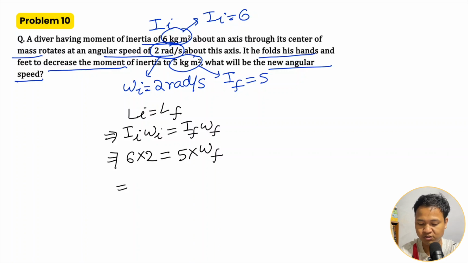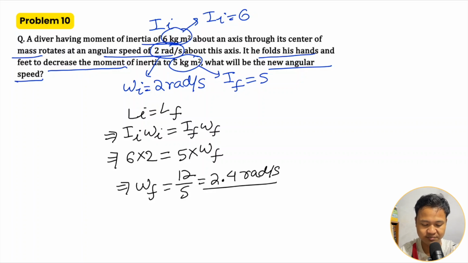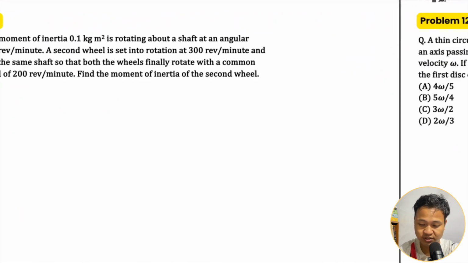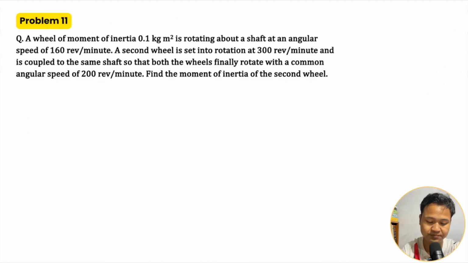So how much is omega final? 6 times 2 is 12 divided by 5. 5 twos are 10, 5 fours are 20. So 2.4 radian per second, the new angular speed of the diver. Okay, so the angular momentum conservation question is solved. Here I think we have 2 more questions.